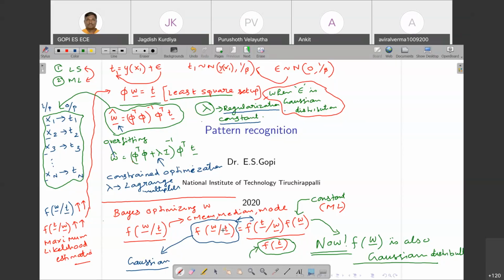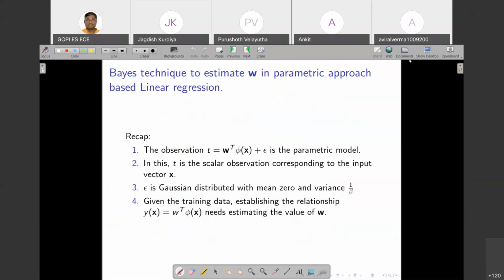Now let me have a quick overview of what we discussed, and then we'll go for this Bayes technique. The slide gives you the idea about that. So, recap. T is the observation, a noisy observation. This is the model, right? Parametric model.